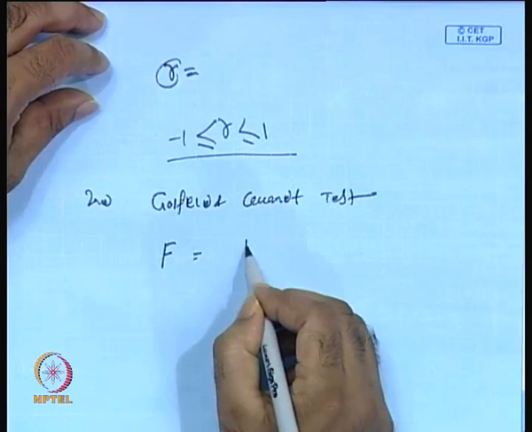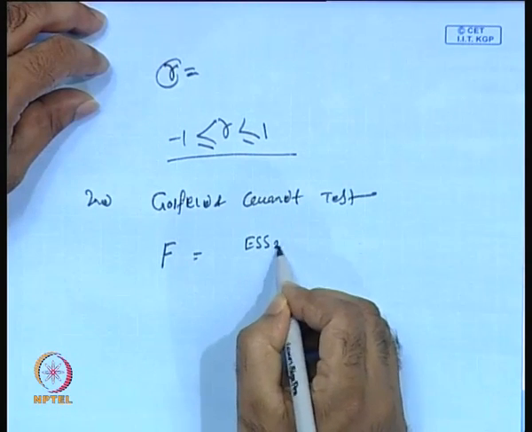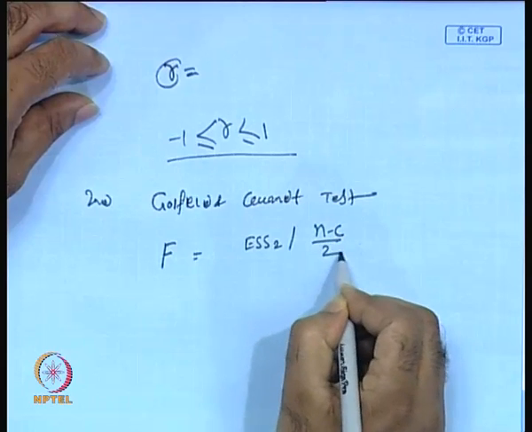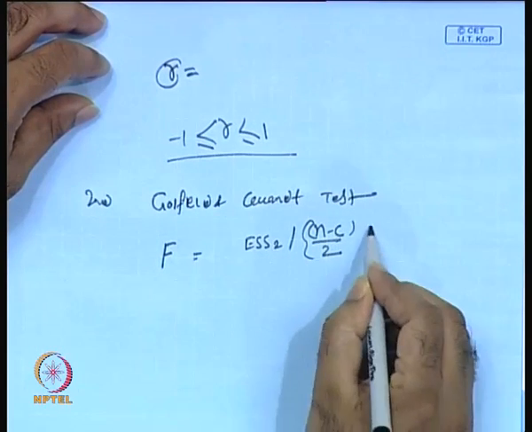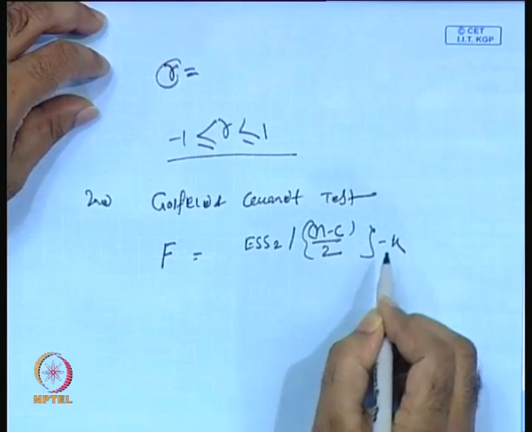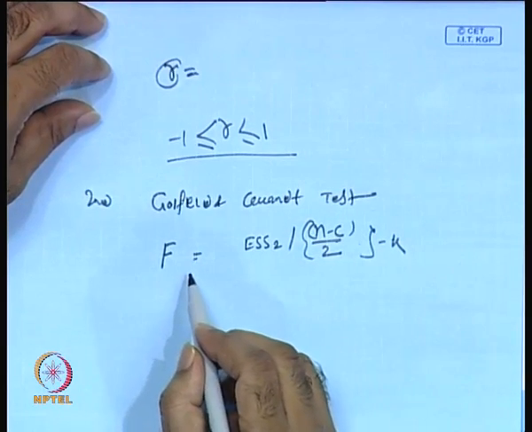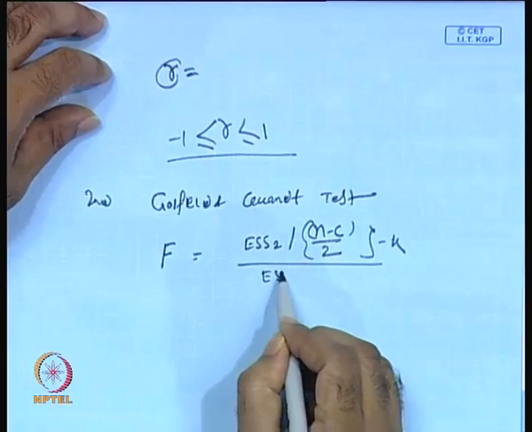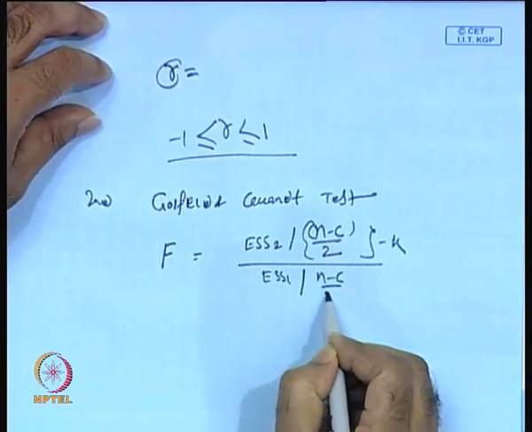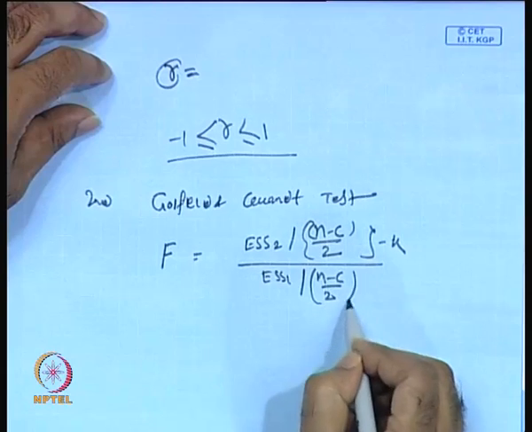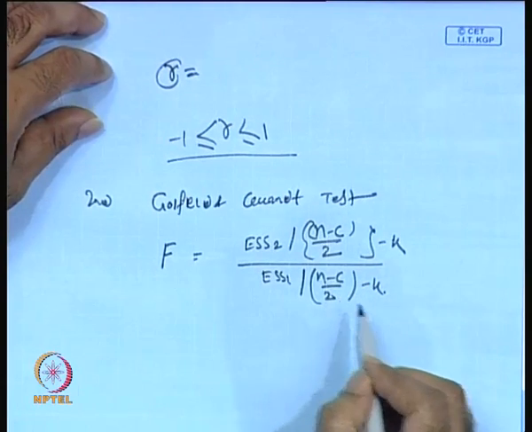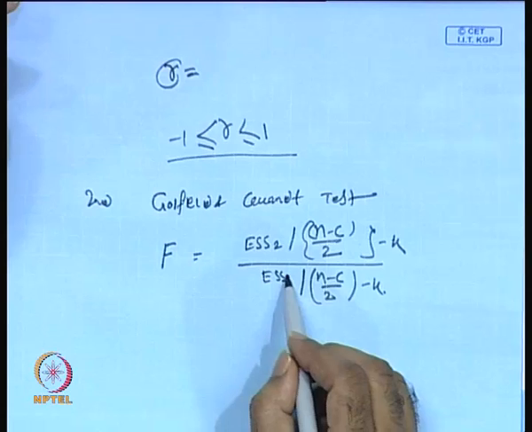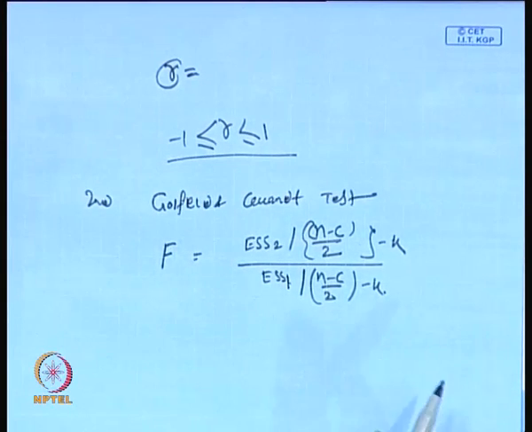F statistic is explained sum of squares 2 divided by (n minus c) by 2 minus k, divided by ESS1 over (n minus c) by 2 minus k. So this is ESS2 and ESS1, that means the explained sum of squares at level 2 and at level 1.